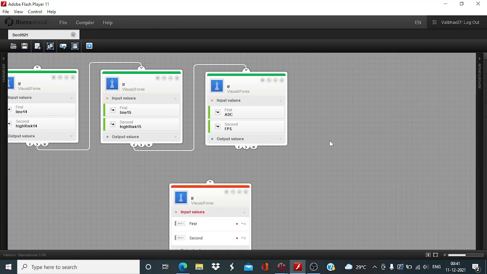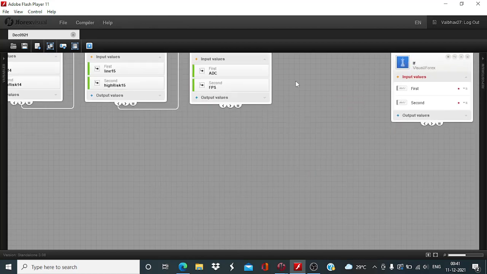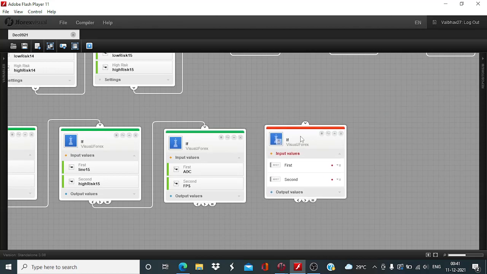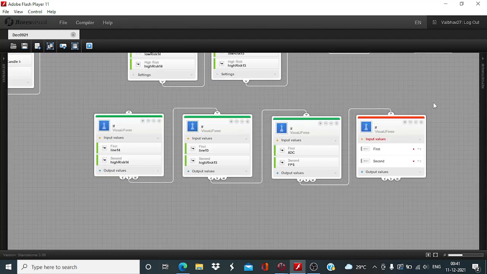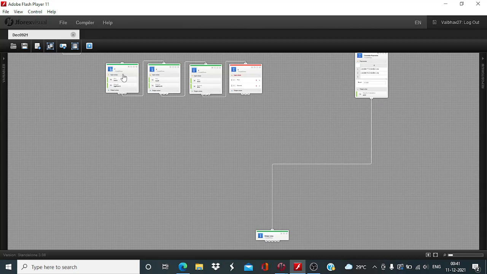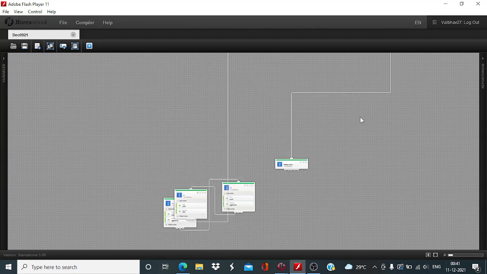Okay, and after that all we need is to join it here. Okay, now let me arrange these blocks on the lower side.